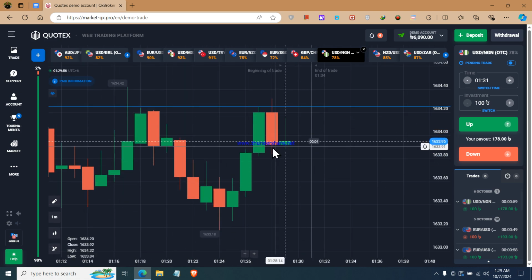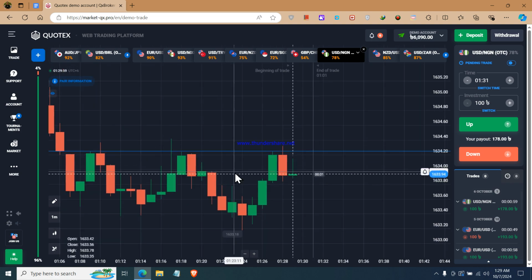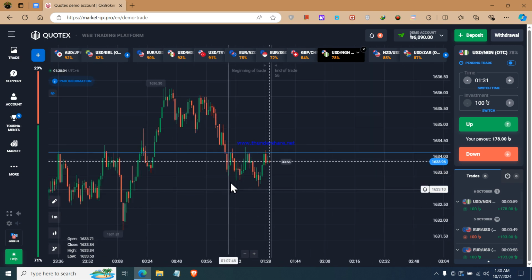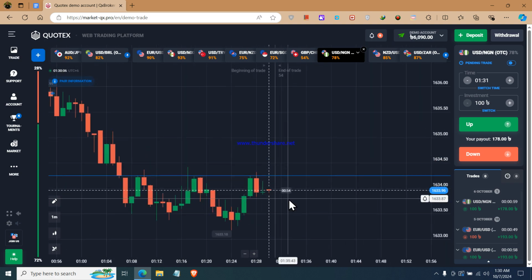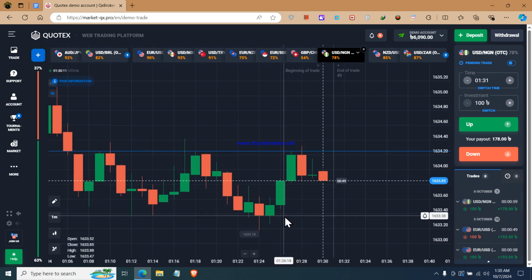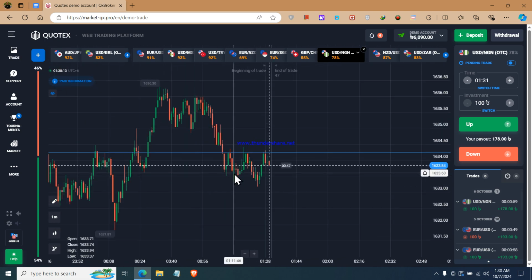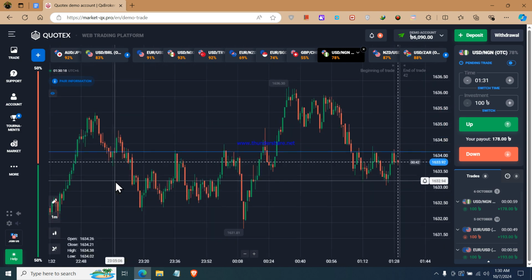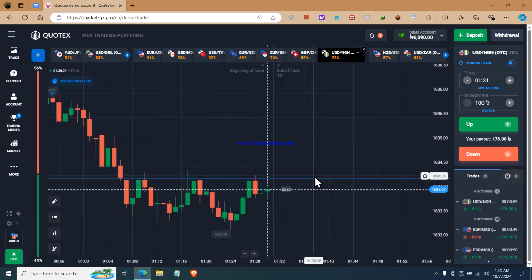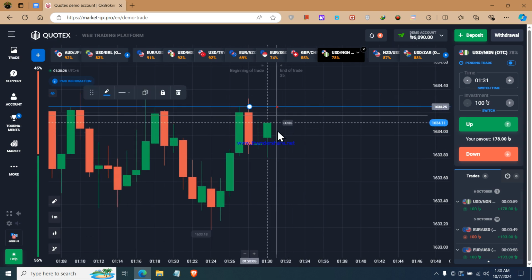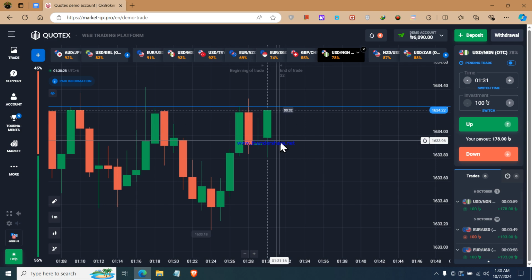They created a candle from the lower high point, so that might indicate that the sellers can come here with an impulsive move, and they can break this low, which is a possibility, but we're not sure about it right now. Let's see if the buyers can break this point. If the buyers are able to break this point, then I'm going to place my trade for the call option.